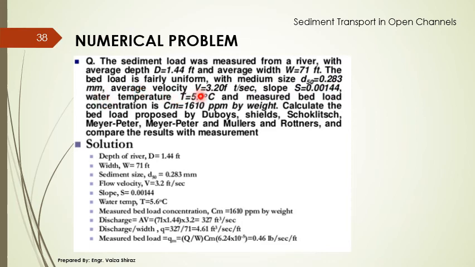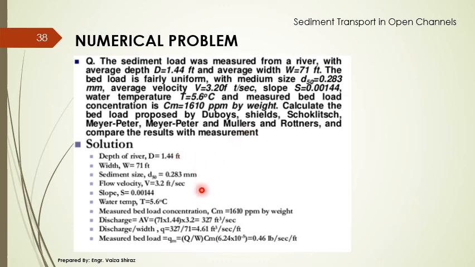Average velocity is 3.20 feet per second. Slope is 0.00144. Water temperature is 5.6 degrees centigrade and the measured bed load concentration is 1610 parts per million by weight. Calculate the bed load proposed by Du Bois, Shields, Schoklitsch, Meyer-Peter and Mueller, and Rottner and compare the results with the measurements.